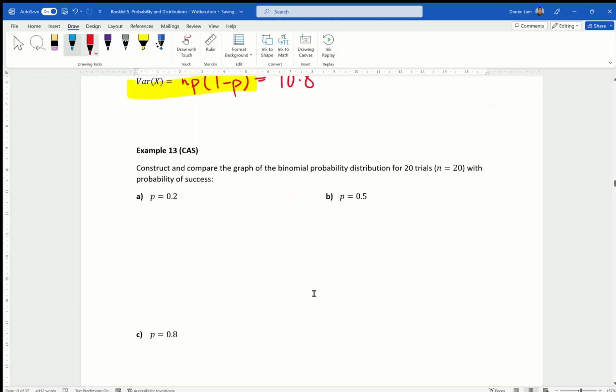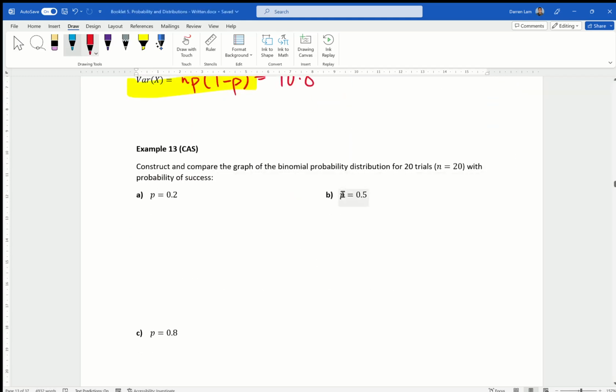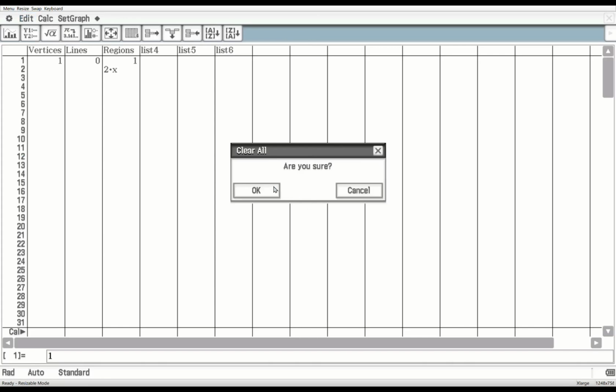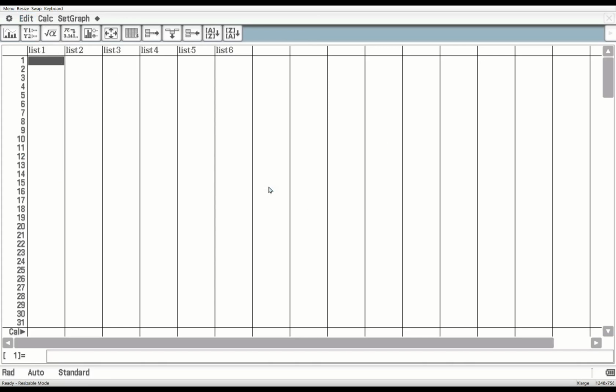Example 13 says construct and compare the graph of binomial probability distributions for 20 trials with different probabilities of success. Calculator, what you need to do is go into the statistics aspect of your calculator and just clear it, because you might have some stuff from general maths, but just clear that. We very rarely use it in methods.